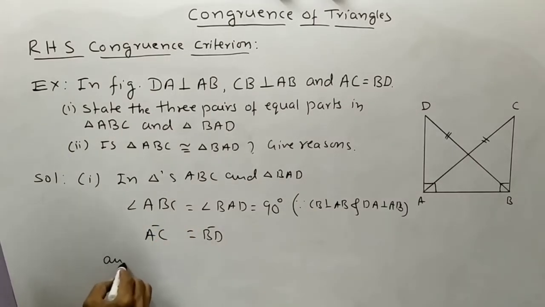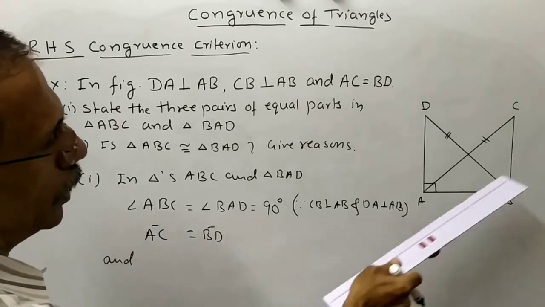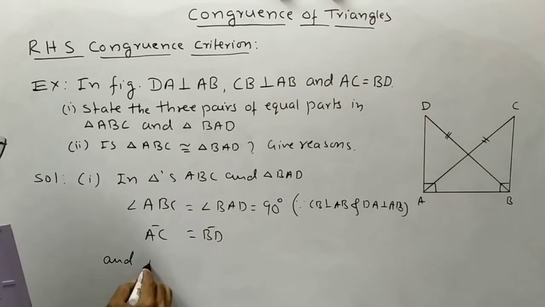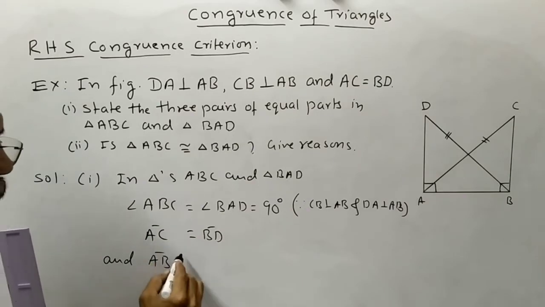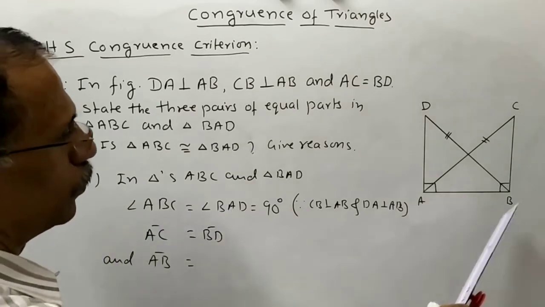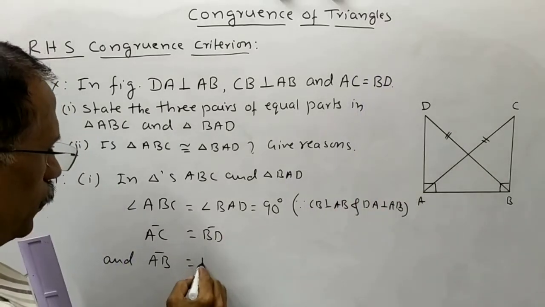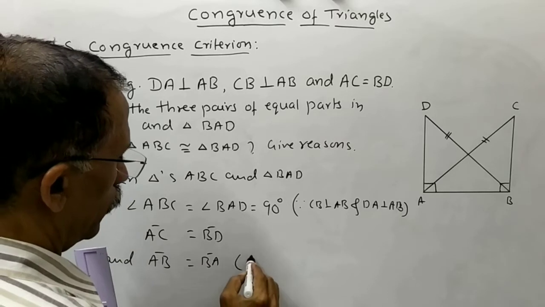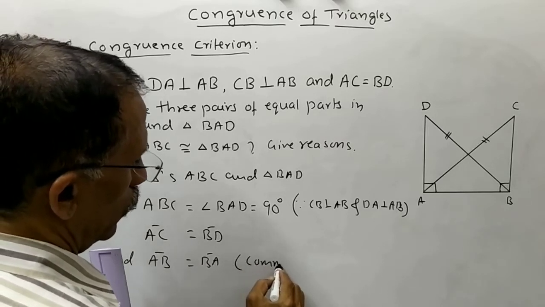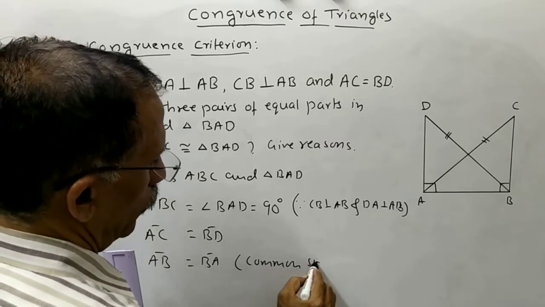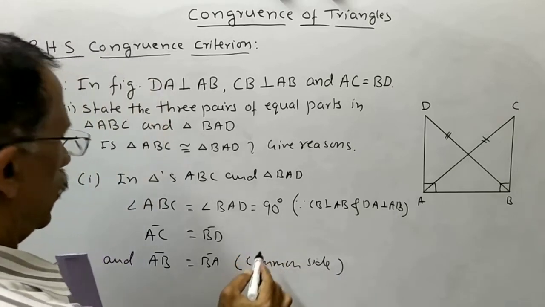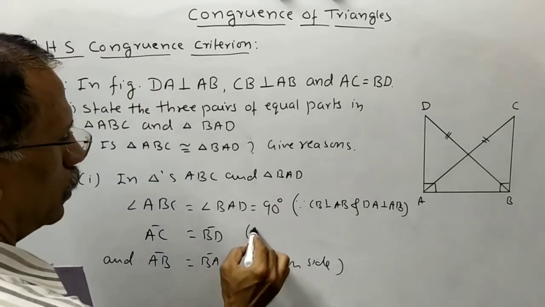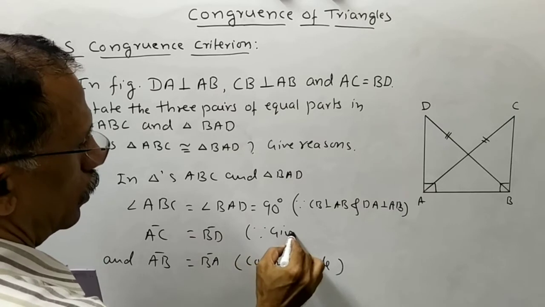And AB is equal to BA, common side. Here, what is the reason? Given.